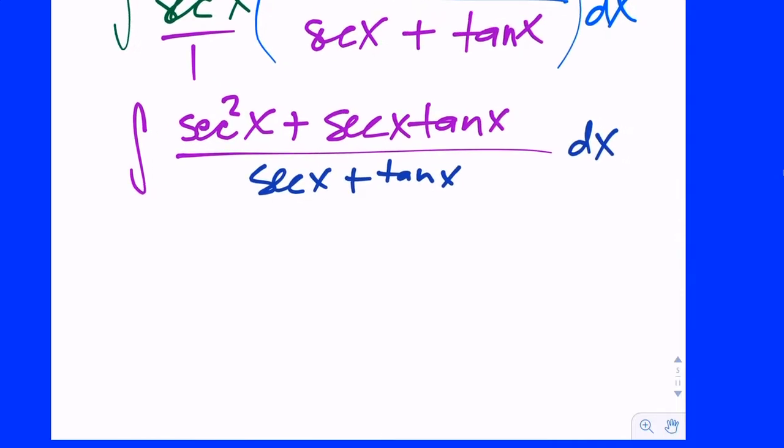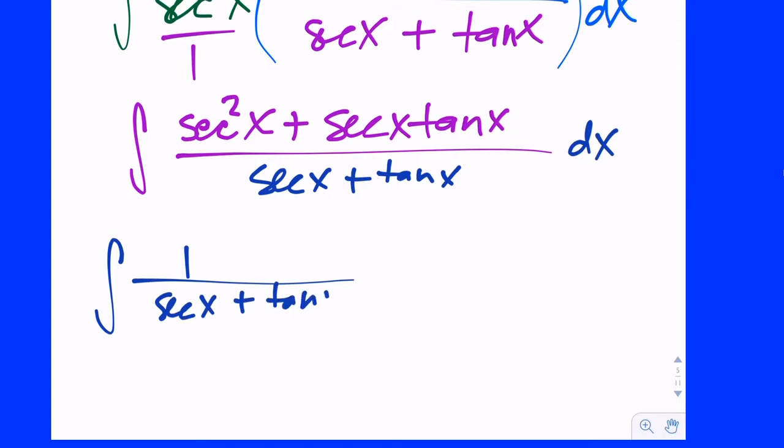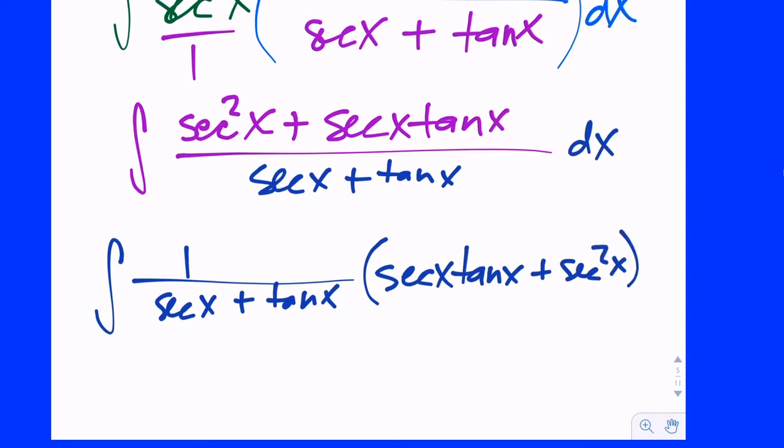Now I have a quotient, which I know I can write as 1 over the denominator, like I did with the sine over cosine, times the numerator, which I'm just going to flip around and call secant x tangent of x plus secant squared. I'm going to commute those terms. So this was just a crazy, wild stab.